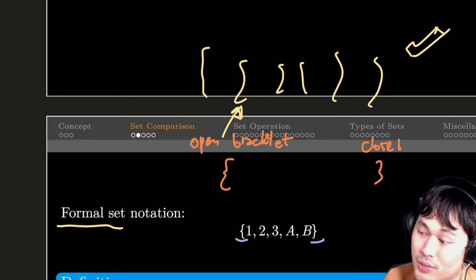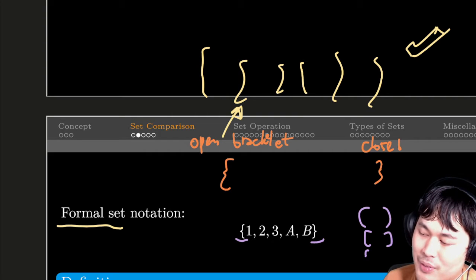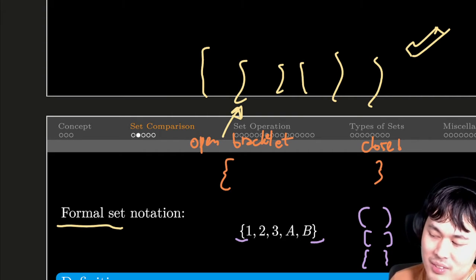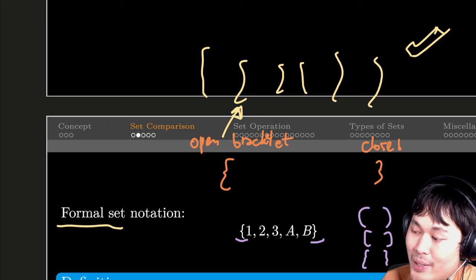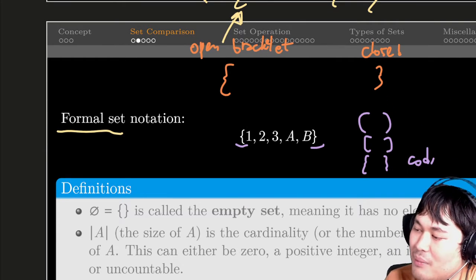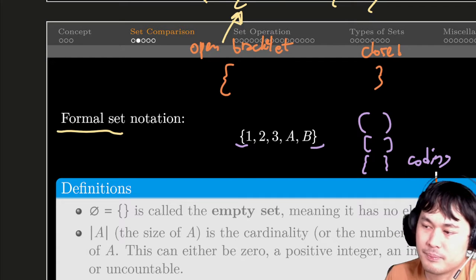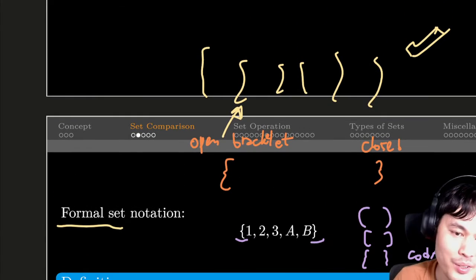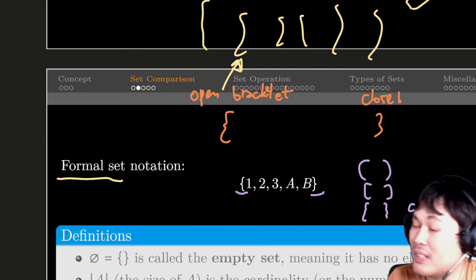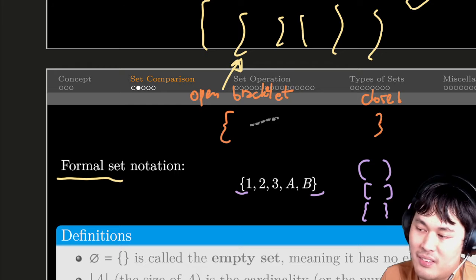You use the round bracket, you use the square bracket, but for this one it has to be something special. Maybe coding, if you love coding. But besides coding and math, we don't use them. So we have the open one and the closed one.